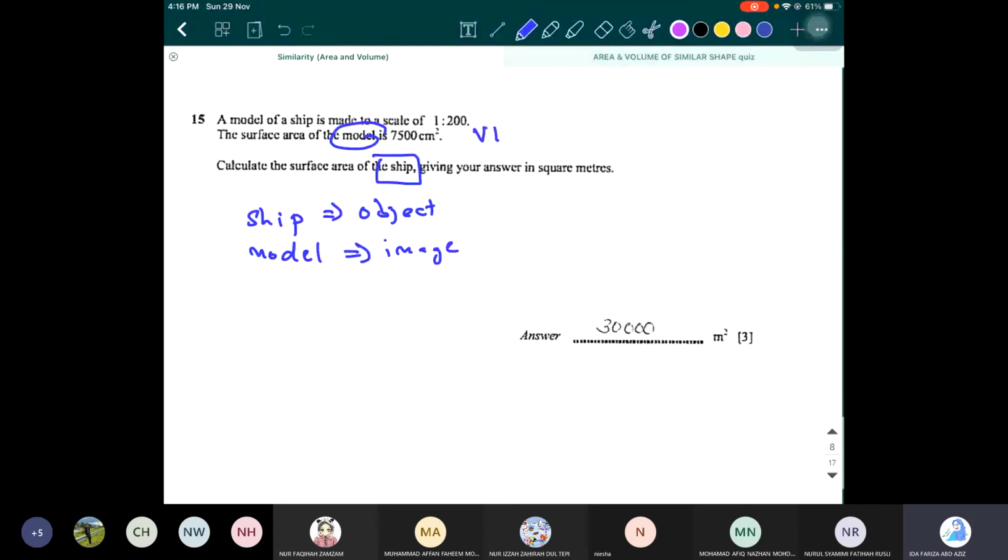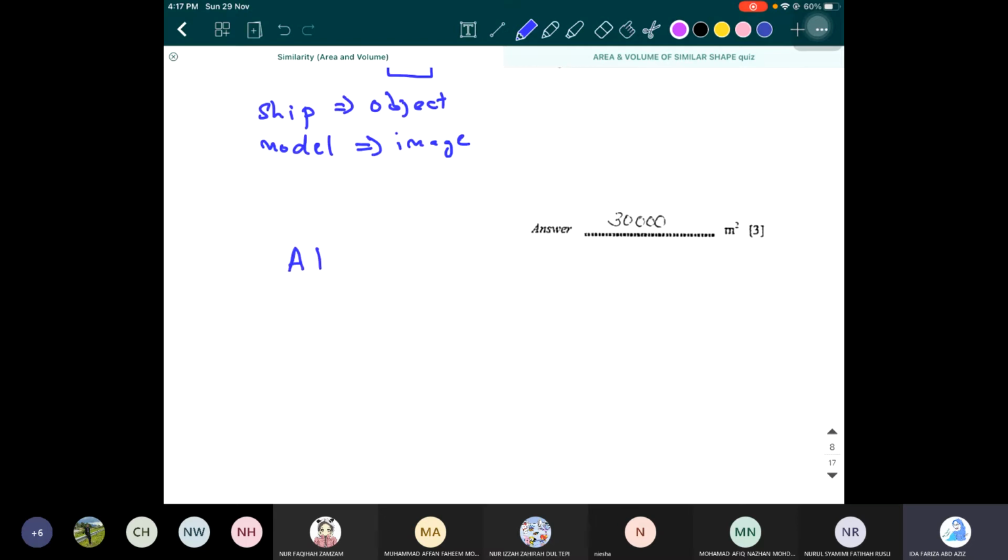Okay, so now I have area of image equals 7500. The scale is given as 1 to 200, so K is 1 over 200. If you have it in scale form like this, you write K, scale factor, is 1 over 200. Now that we have AI and K, we use the formula AI equals K square times AO.